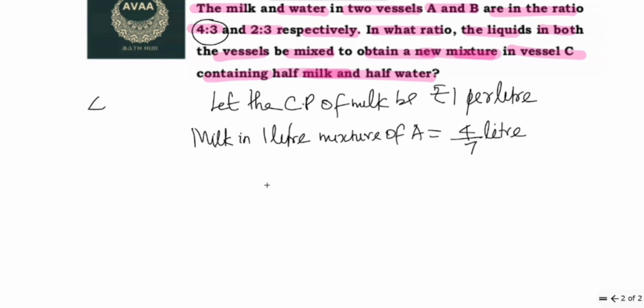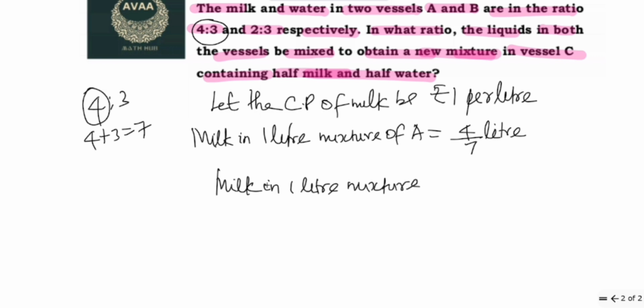Why? Because they have provided us 4:3. So 4 plus 3 will give us 7. In that 4 denotes our mixture A. Milk in 1 liter mixture of B is 2 out of 5 liter. 2 plus 3 gives us 5. In that 2 denotes our B.